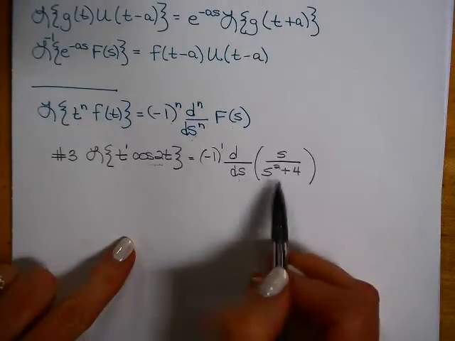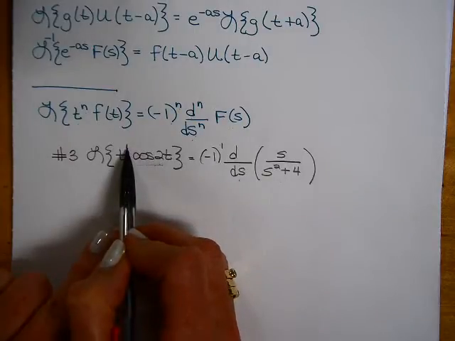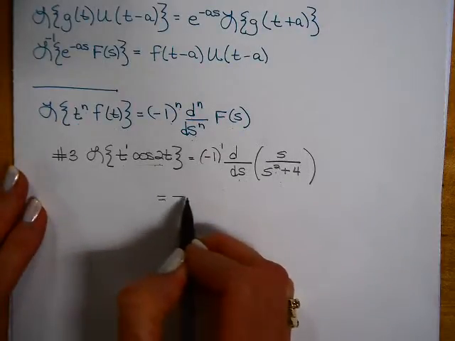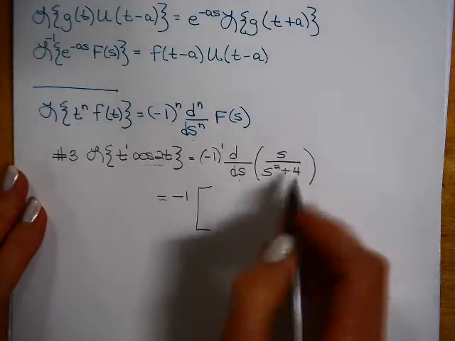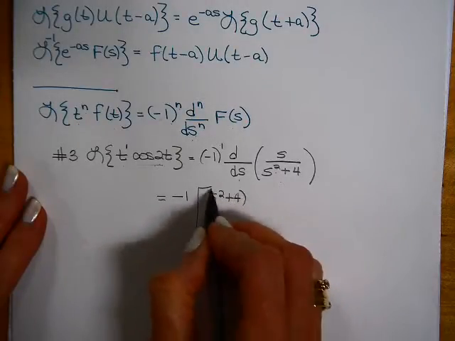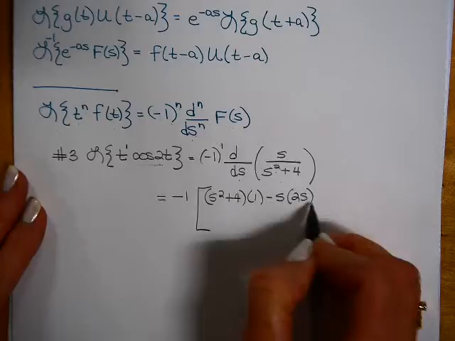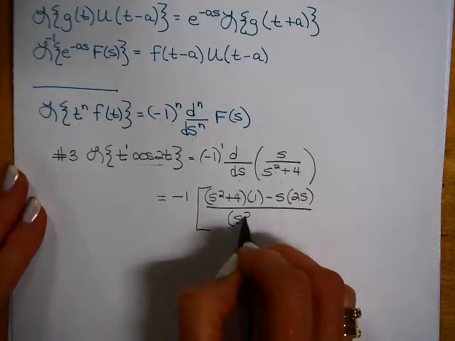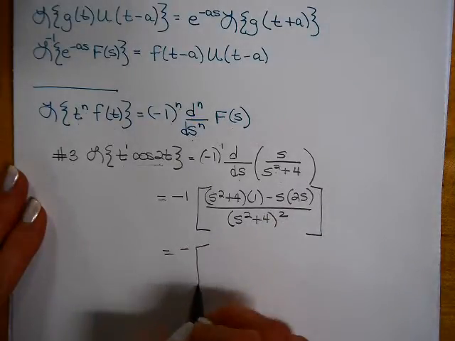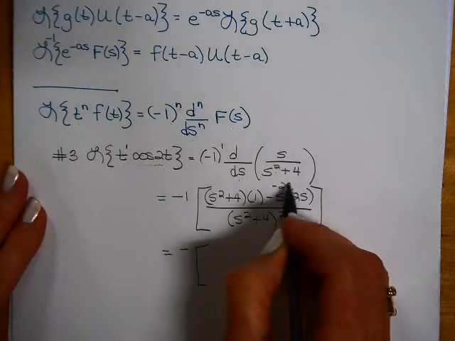So we need to take the derivative of this function, the first derivative. Thank goodness t is not to the 4th power, because I wouldn't want to take the 4th derivative, but we only have to take the first derivative. So it's going to be -1 times whatever this derivative is, which is the bottom times the derivative of the top, minus the top times the derivative of the bottom, all over the denominator squared, which is negative s squared plus 4 minus 2s squared.